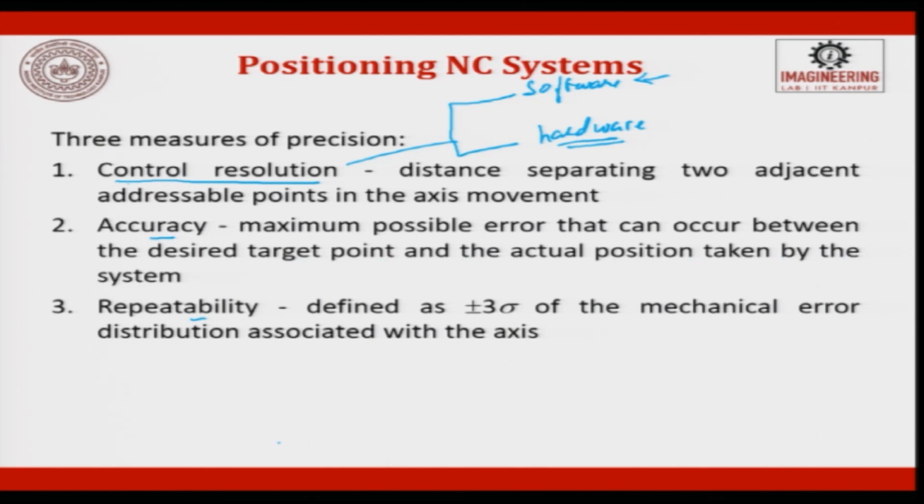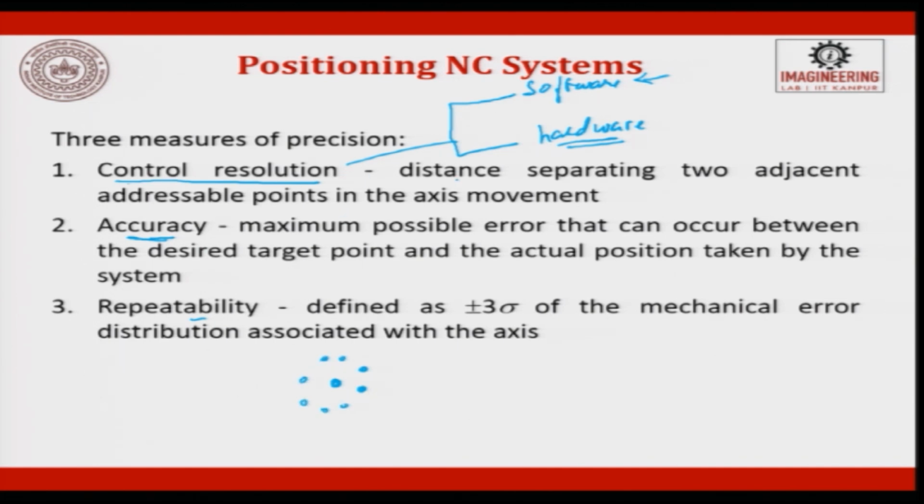So, if it is intended to move to one point and you try to do that, how close it goes to that point is called accuracy. So, I am supposed to go here, I only went here. So, my accuracy is not so good. Okay. So, that is accuracy.